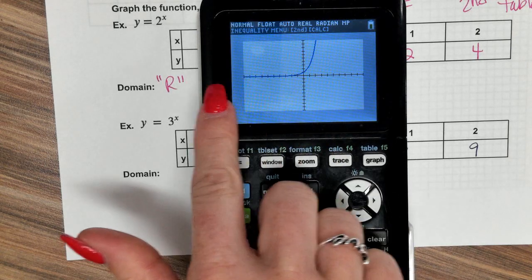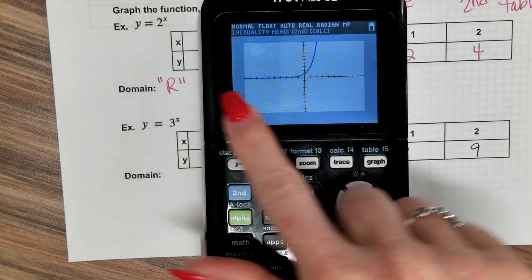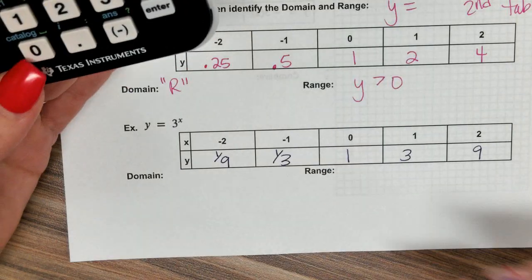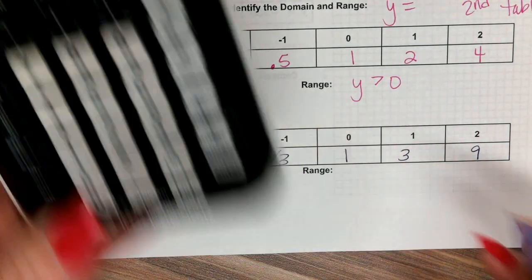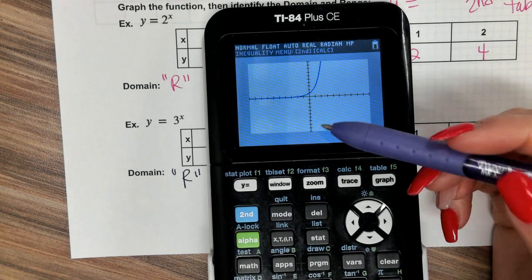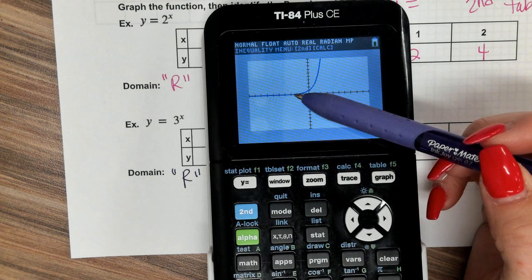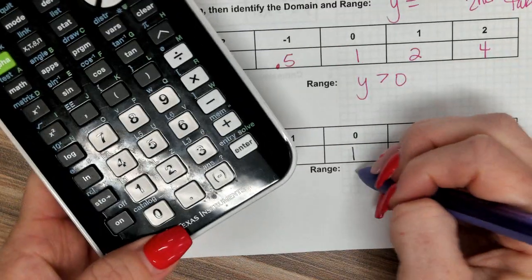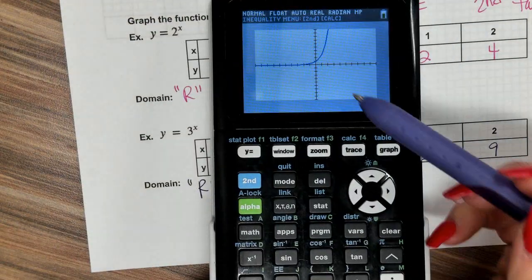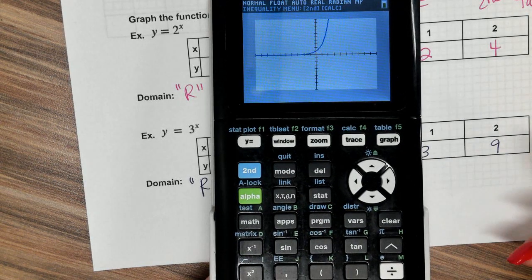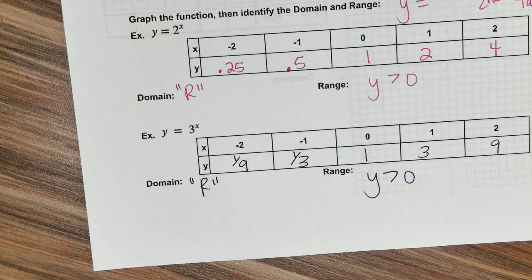Is it going to keep going to the left forever? Yes. Is it going to keep going to the right forever? So my domain is all real numbers. My range, does it ever go down here? No. So my range is going up. So my range is y is greater than 0. Will it ever touch the 0? No, it's called an asymptote. It's approaching but never touching. Are we good? All right. Turn to the next one.